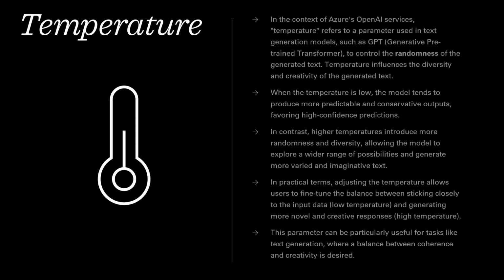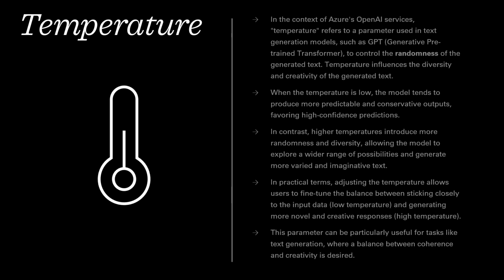So first and foremost, we'll talk about the temperature. The temperature in context of Azure OpenAI refers to the parameter used for text generation, and it controls the randomness of the generated text. As an AI model, you can expect randomness, right? If I ask the same question over and over again, it will give me different answers.